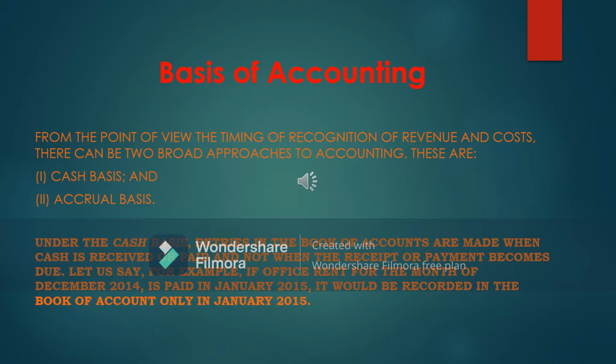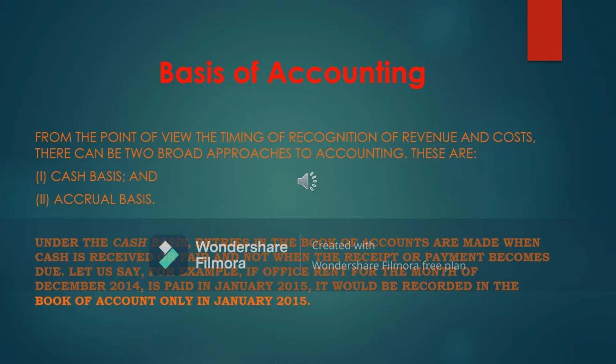Accrual means that it doesn't matter whether you have received or paid, you have to record when it accrues or when the revenue is recognized. Under the cash basis, entries in the books of accounts are made when cash is received or paid, not when the receipt or payment becomes due. We will do the accounting entries on the basis of cash coming in or going out.